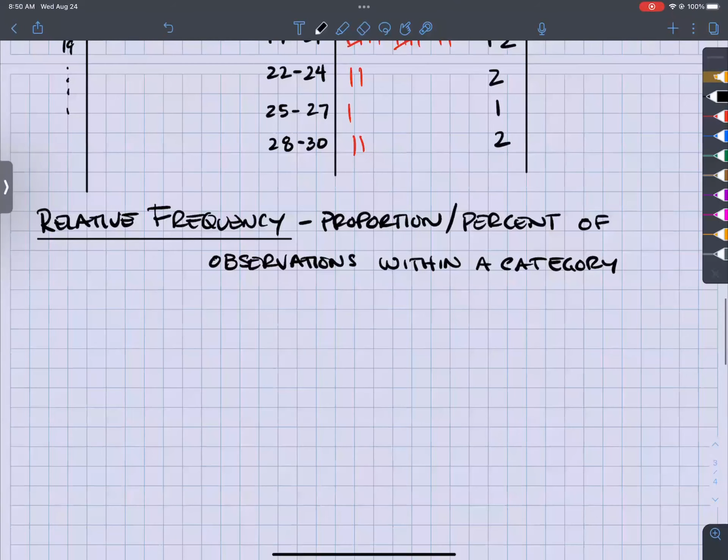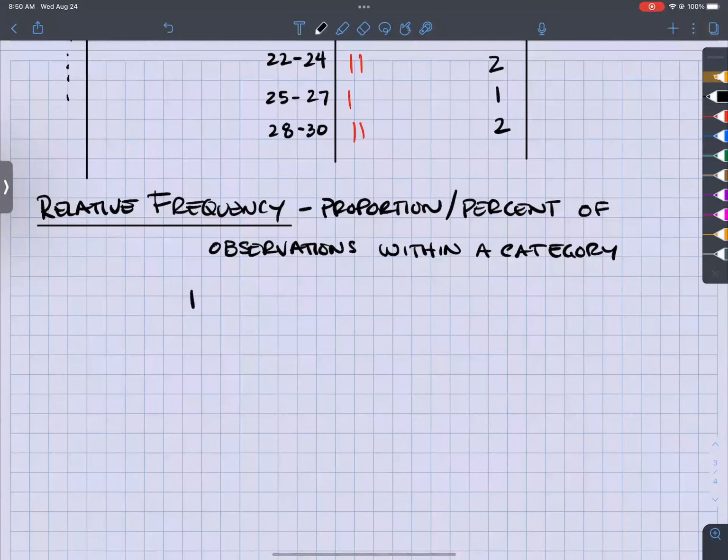There is a formula, but this should be pretty obvious to you guys. Relative frequency is equal to the frequency divided by... I'll write it this way, but I don't know why it even says this.